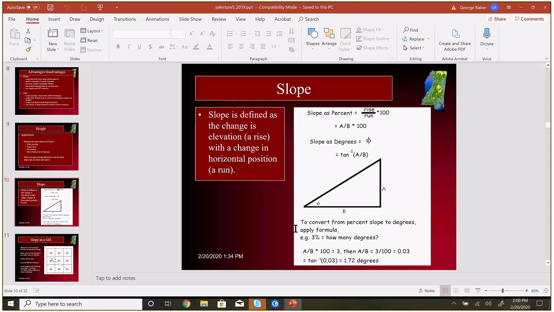So instead of using elevation, we feed in a data set that represents temperatures. And slope is defined as the change in, we said elevation there, but if we put in temperature instead, it'd be the change in temperature with a change in map units, in distance.